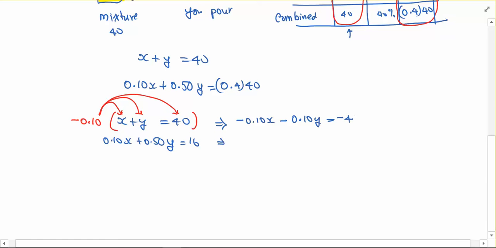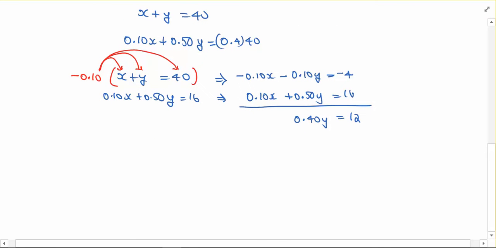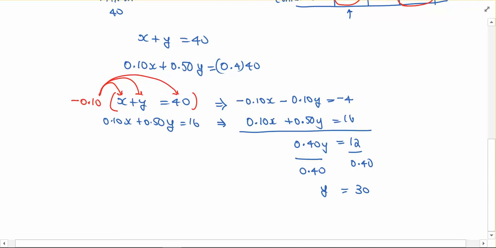And then this is unchanged. And if I were to add these, I can solve and find y. It's going to work out to be 30. So if I know y is 30 and the combined mixture was 40, x must be 10.